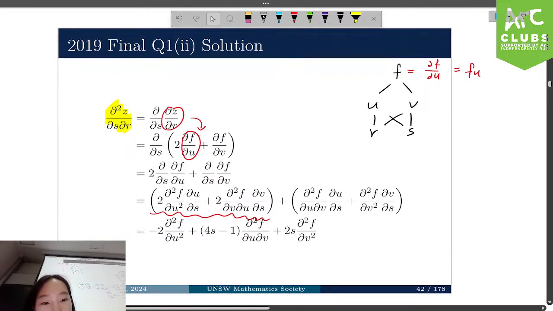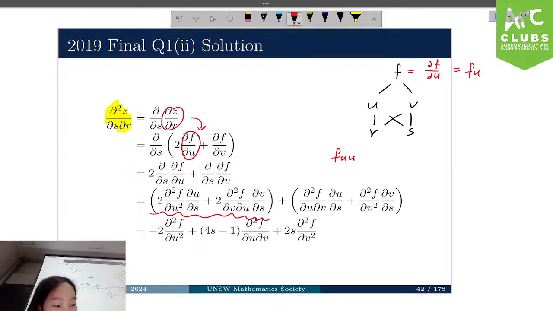And then taking the derivative with respect to u gives f_uu times the partial derivative of u with respect to s.